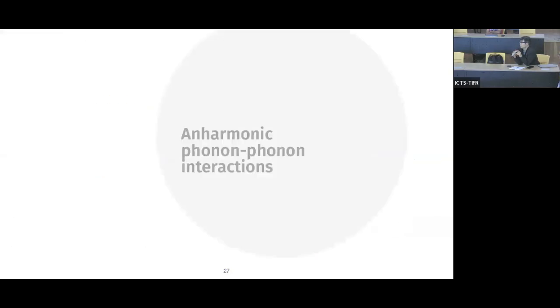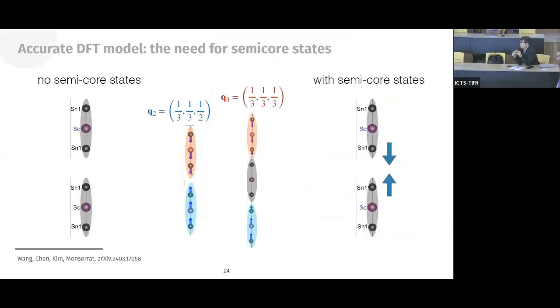So yeah, just to answer, the reason why the addition of semi-core states changes the answer is precisely because it changes the structure. If you optimize the geometry of your system without semi-core states, you end up with a slightly larger C lattice parameter.